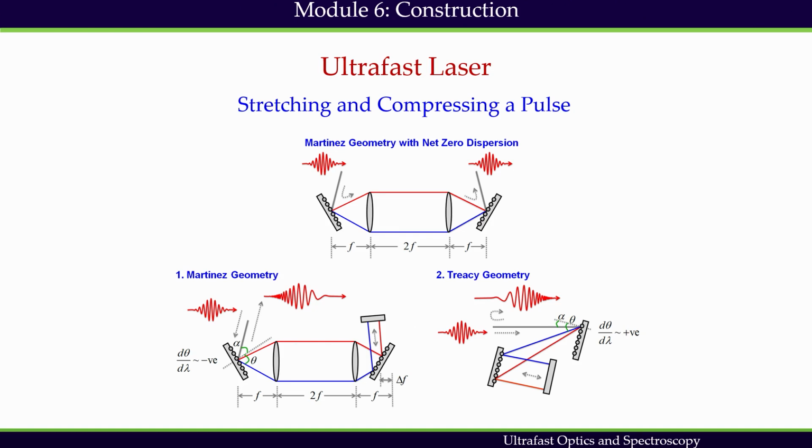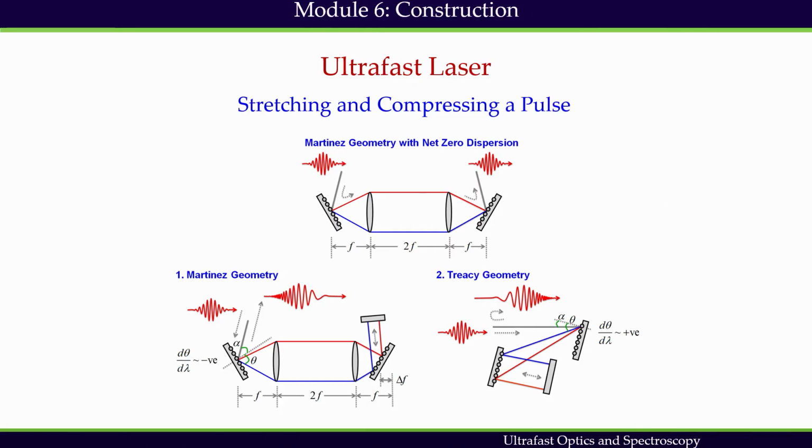In Martinez geometry, Martinez demonstrated that by placing a telescope between a grating pair, the overall dispersion or lengthening of the pulse can be controlled by the effective distance between the second grating and the image of the first grating.